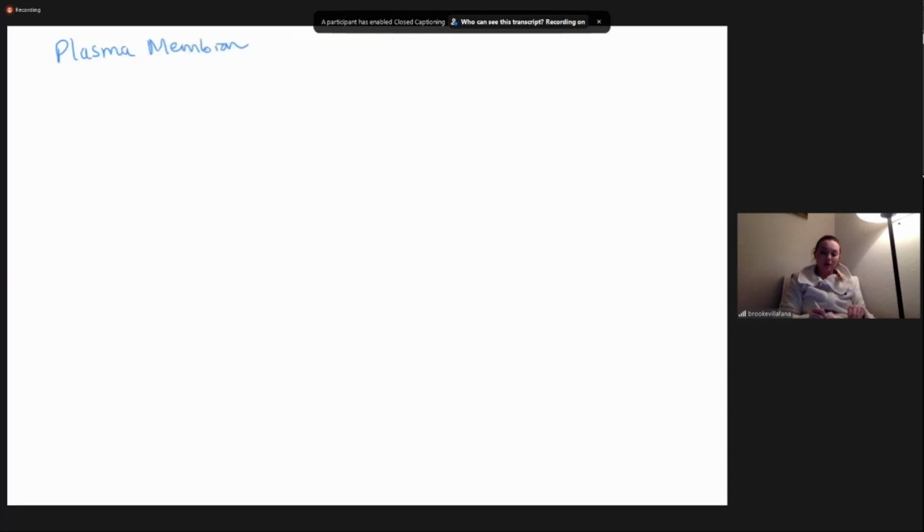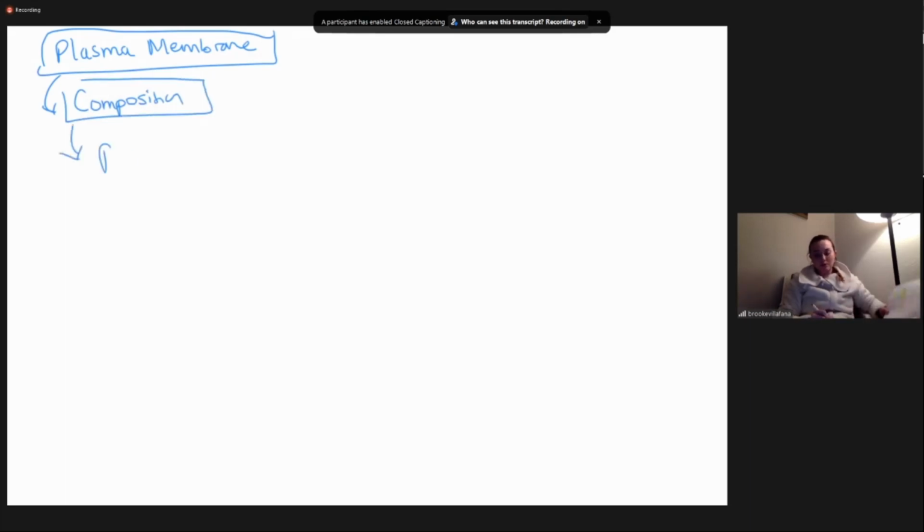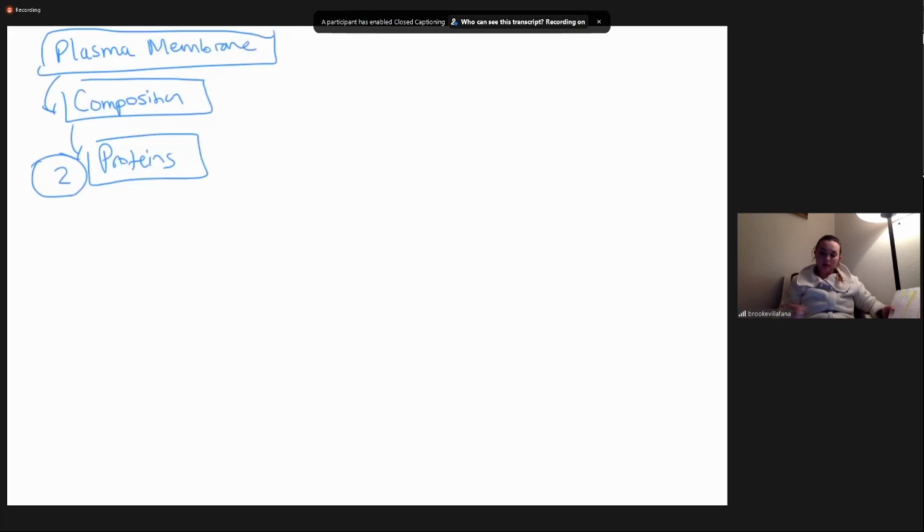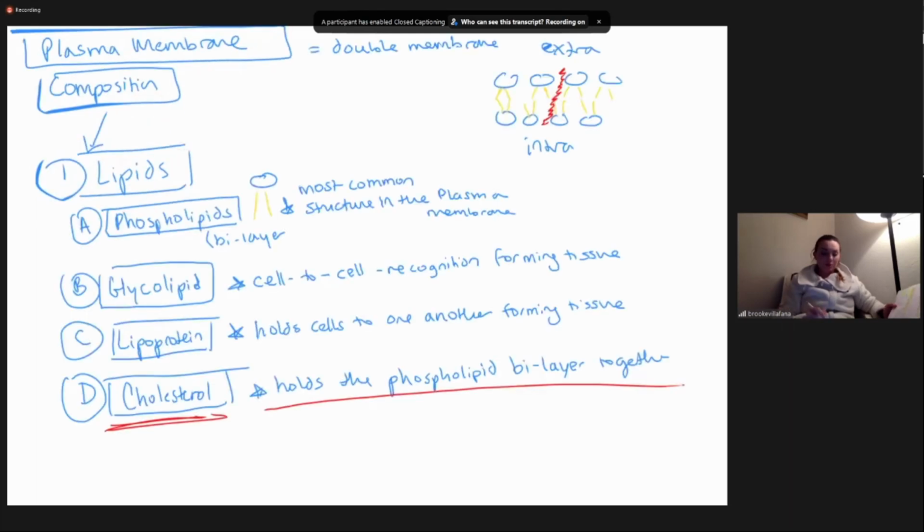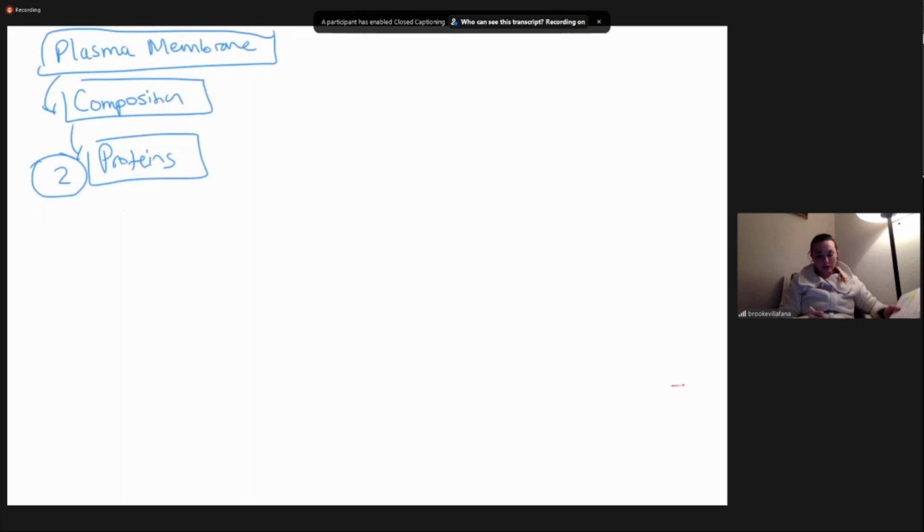Now we do plasma membrane. We're still on composition. And now for composition, the next thing we're doing is proteins, right? So we kind of had two big subtypes. Protein and then our lipids. So for protein, we have integral protein and peripheral protein.